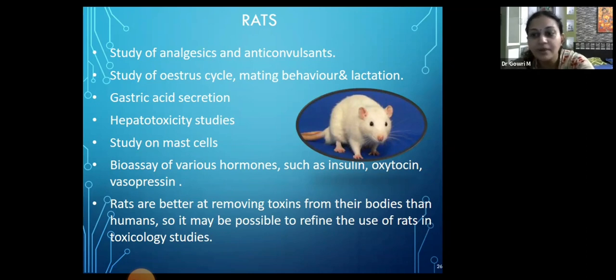So we can take rats. Then the study of estrous cycle, mating behavior, lactation, gastric acid secretion, hepatotoxicity studies, study on mast cells, bioassay of various hormones such as insulin, oxytocin, vasopressin, in all these cases we can take rats as the model.